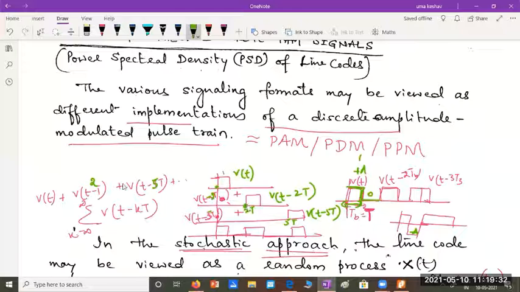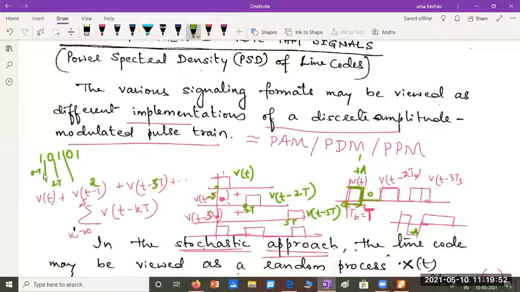Now I have a binary sequence given something like this. Say 1, 0, 1, 0, 1, something like that is the binary sequence. This is in the interval 0 to T. This is in the interval T to 2T.